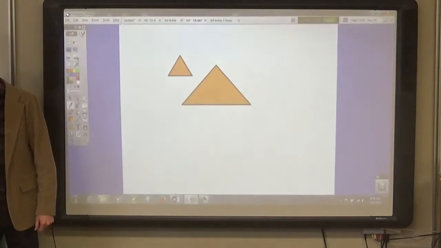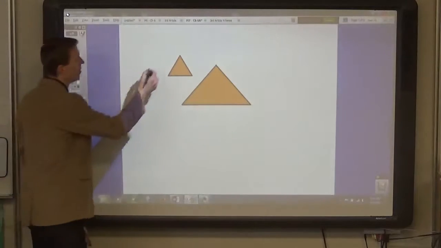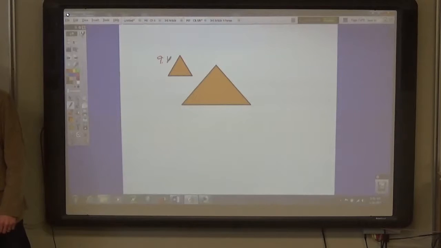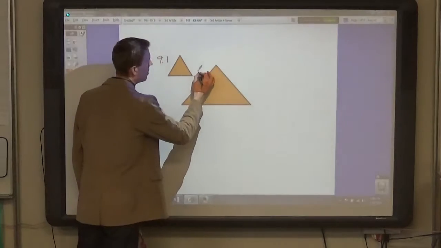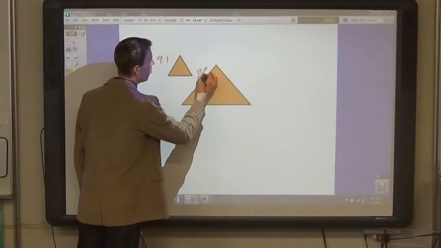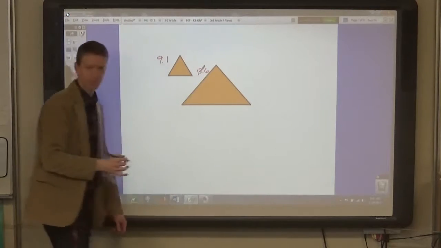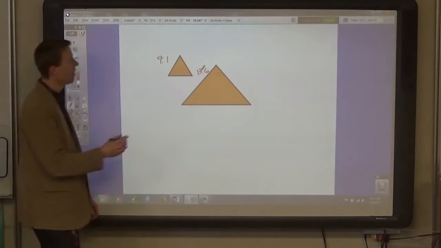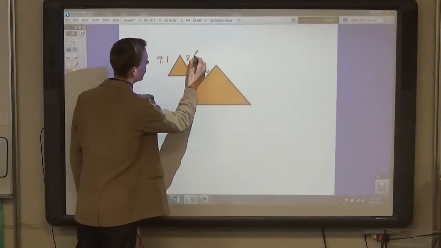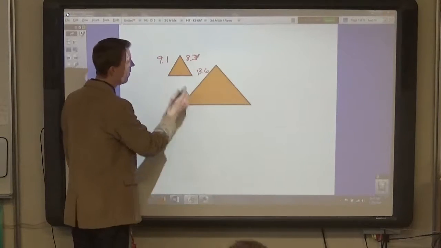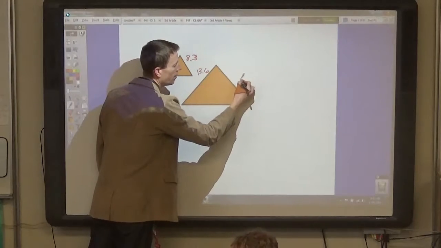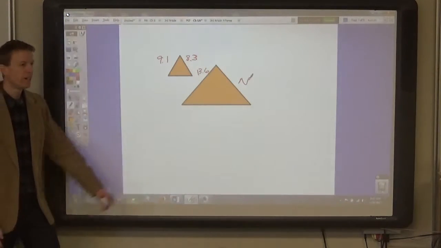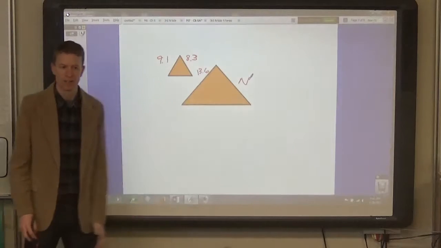And one side is 9.1, and that corresponds to a side that is 13.6. And another side is 8.3, and that corresponds to this side that is n. Okay? And we need to find this n side.